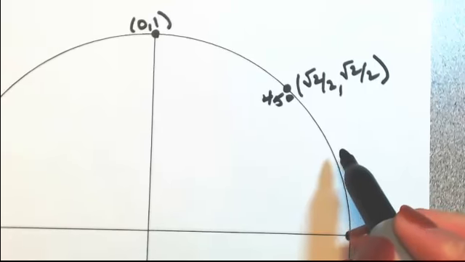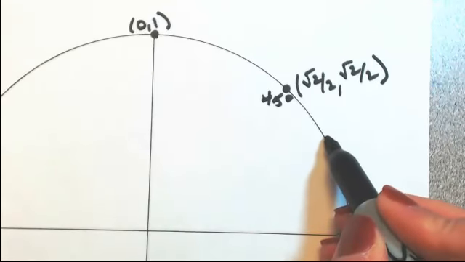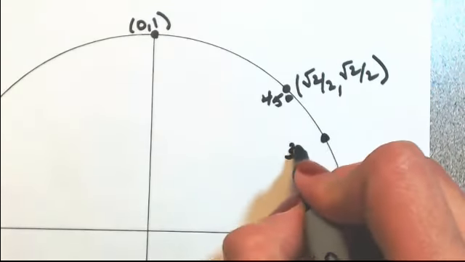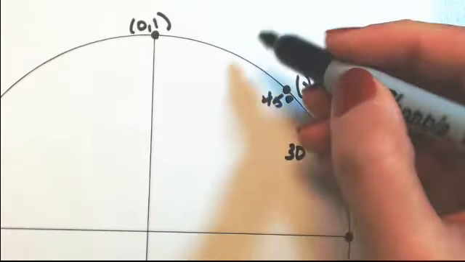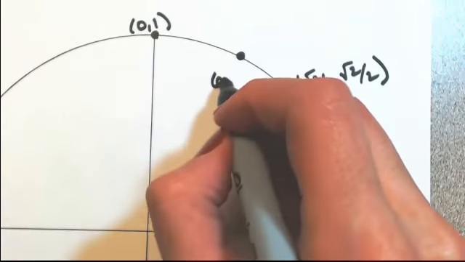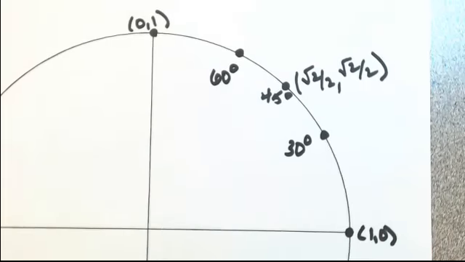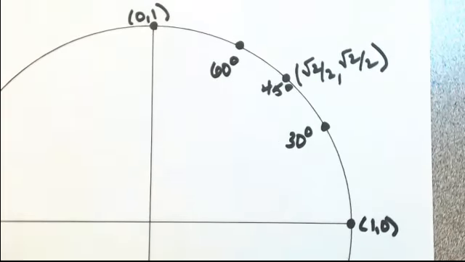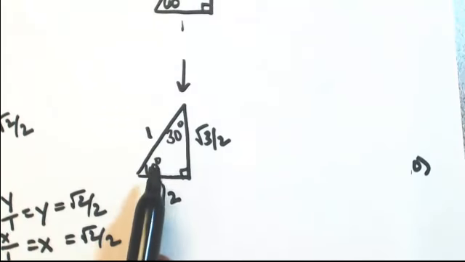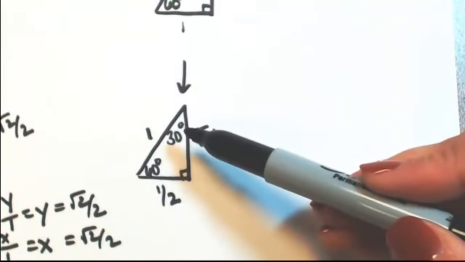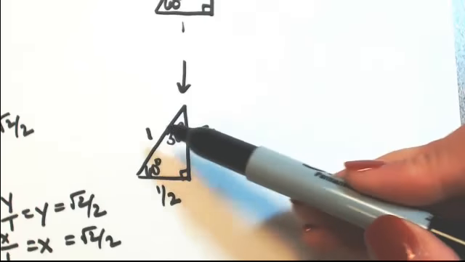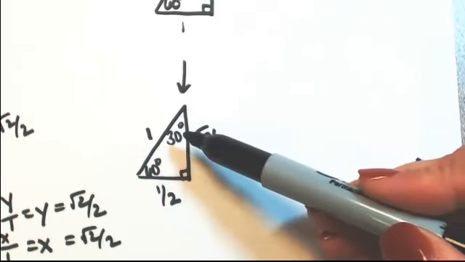At 30 and 60 degrees, so going a third of the way, and then 2/3 of the way. Again, the first coordinate is cosine, the second coordinate is going to be sine. So looking at our triangle here, at 30 degrees, cosine is going to be square root of 3 over 2 over 1, and then sine is going to be 1/2.